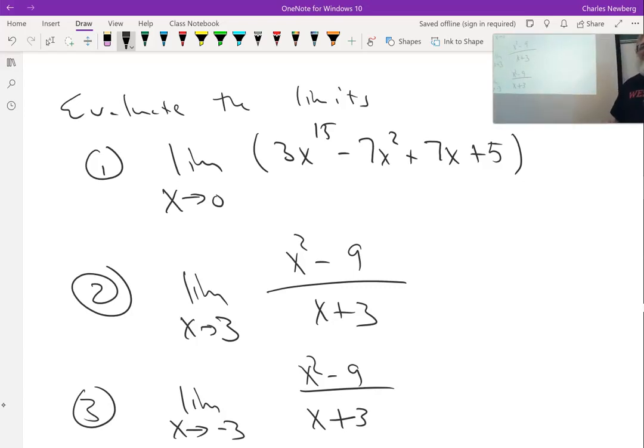Caleb? I see where the first one is 3x to the 15th power. Okay, cool. Or whatever power you want. It ain't going to matter.